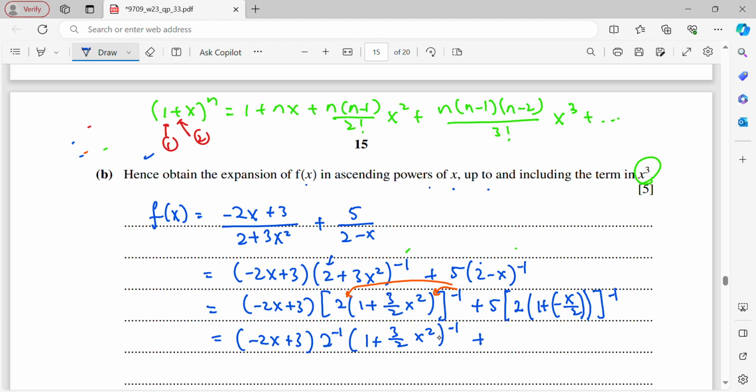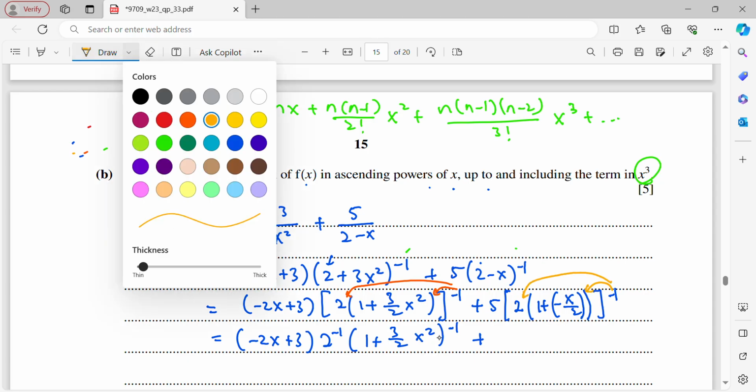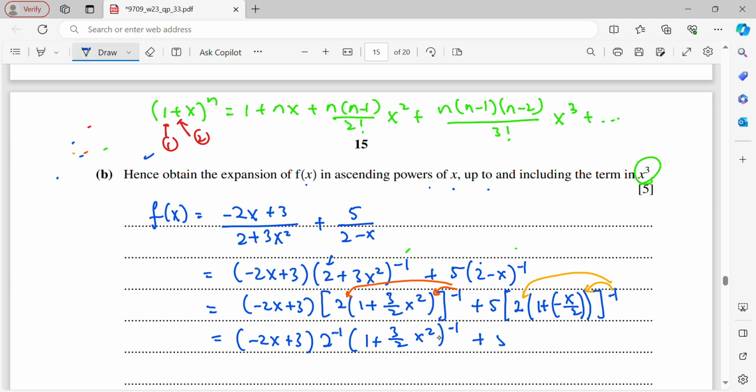Same goes to the next one: this minus 1, you have to bring it into these two terms. So I will be getting plus 5, 2 to the power negative 1, then 1 plus negative x over 2 to the power of negative 1.